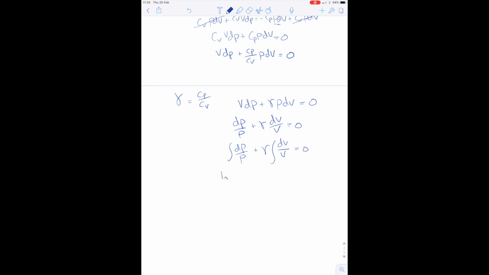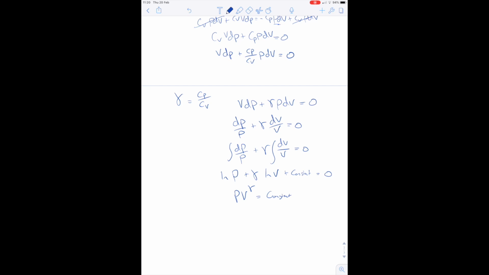So we get ln of the pressure plus gamma ln of the volume plus some constant equals 0. Okay, by our laws of logs, it's pretty straightforward to see that PV to the power of gamma equals a constant term.